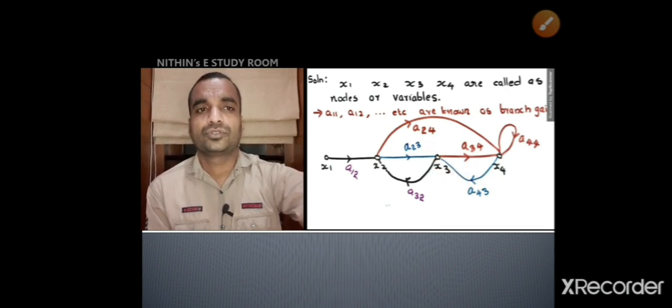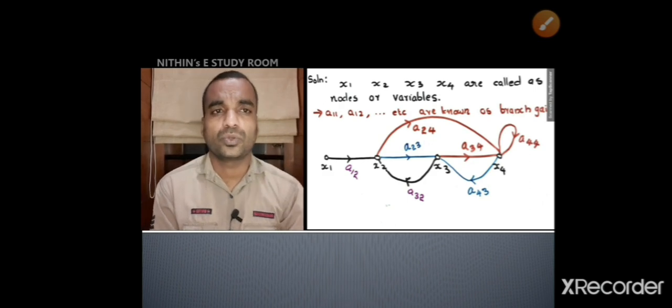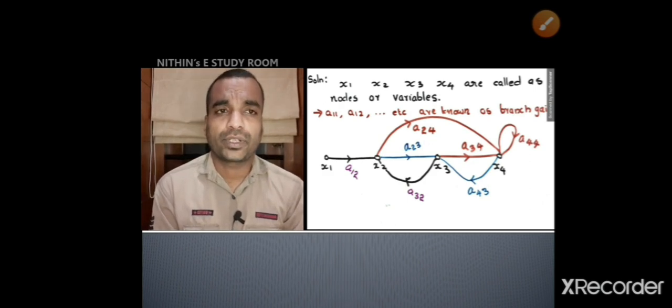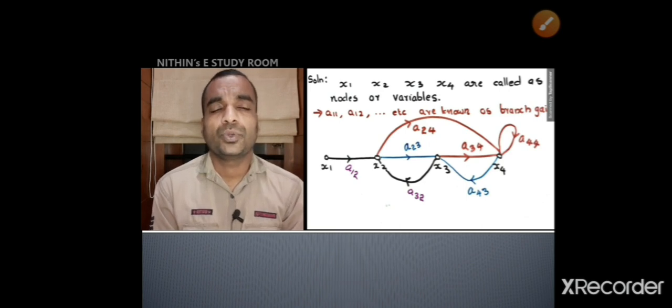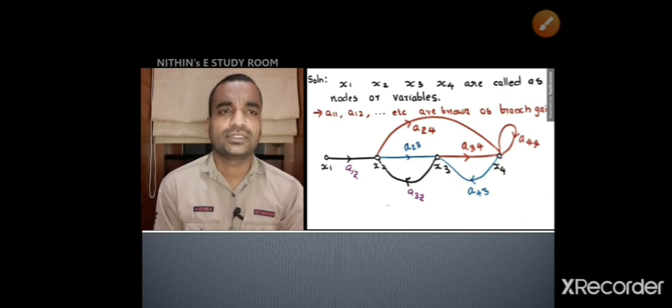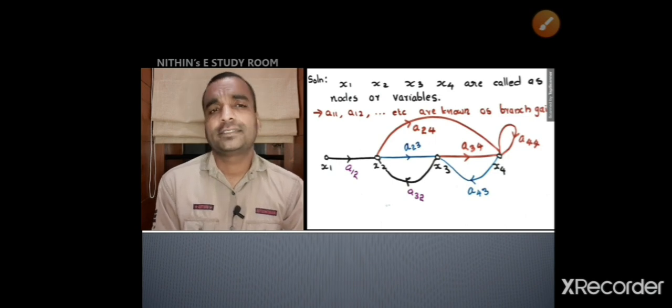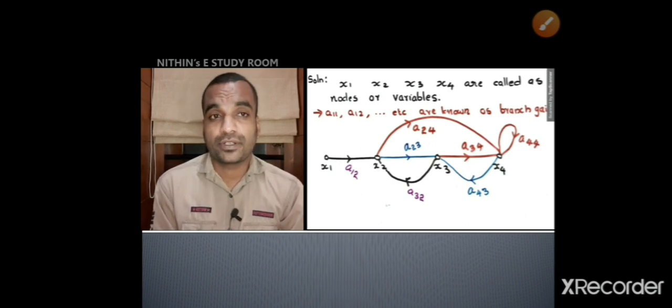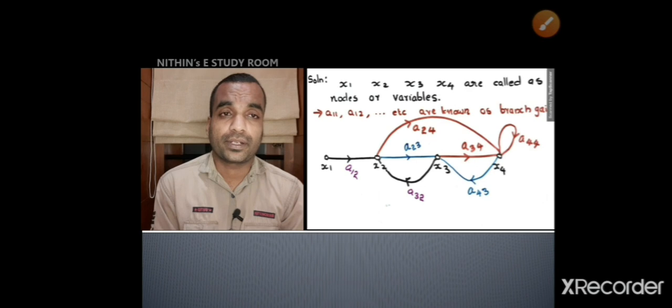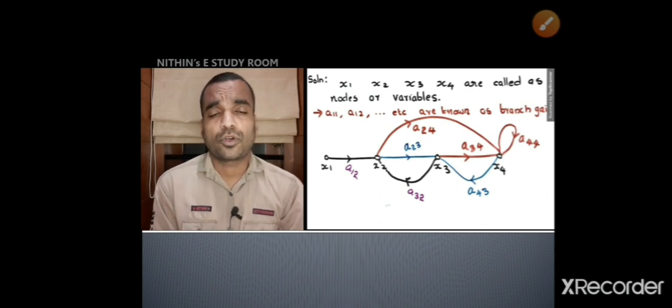So the total equation of x3 is equal to x2 into a23 plus x4 into a43. So this is the case. This is the basic knowledge that you may require to solve some problems on signal flow graph.